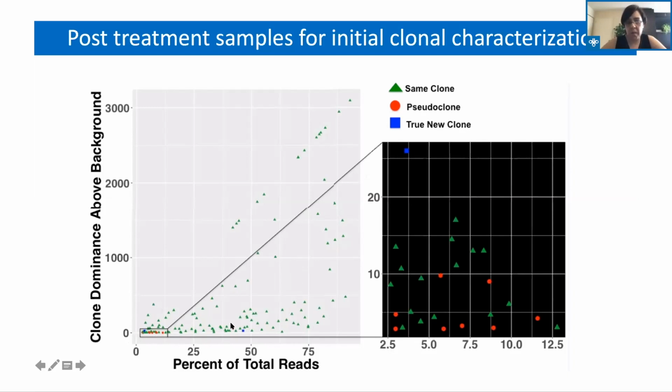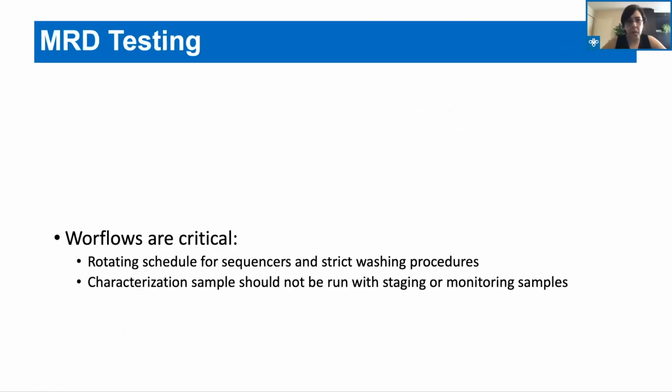So it is those samples that have low level of disease that would be characterized for the first time, where you end up with clones that are not the actual clone that you should be tracking for disease. So that disease characterization really has to be done at the time that they have not been treated, or that they have a lot of disease, and not at that low level between 1% and 5%.